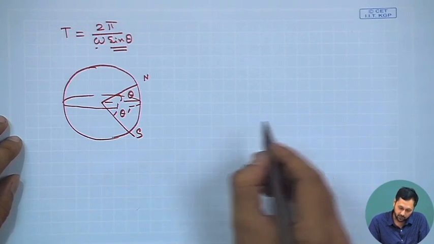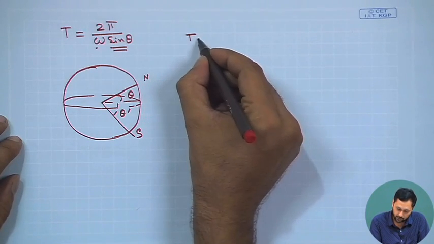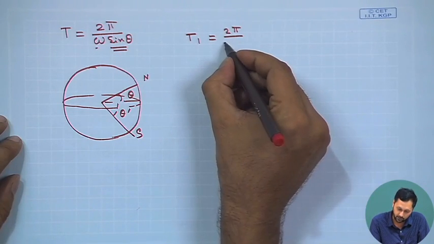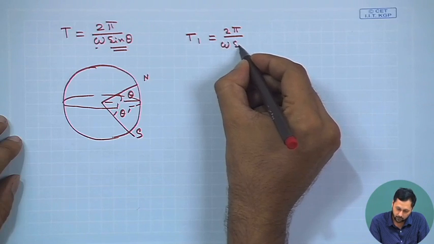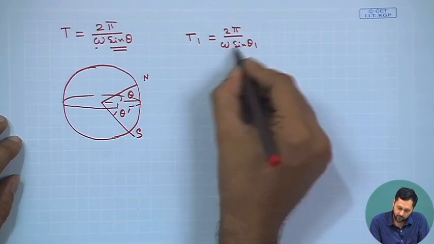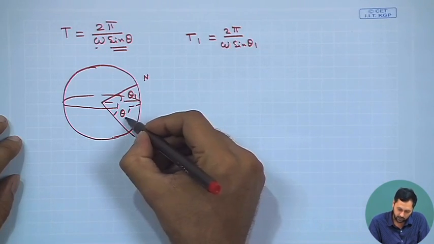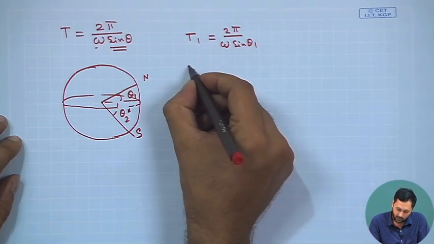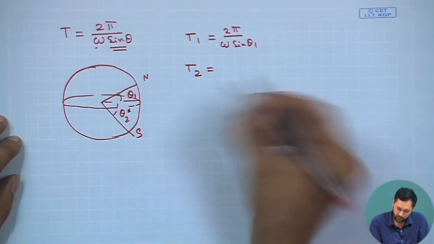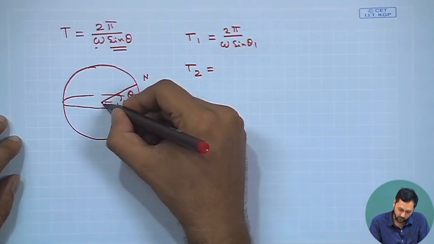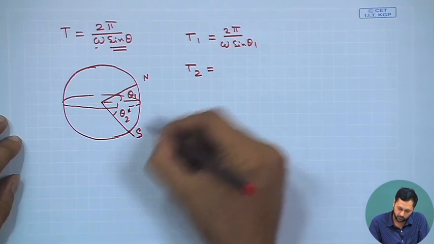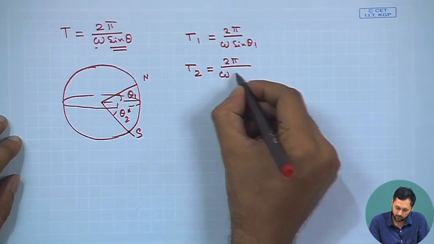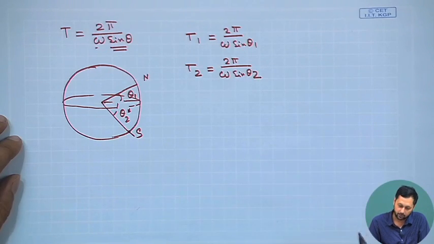Now, think of a situation where you have two time periods. T1 is measured at some location, let us say in the northern hemisphere, with latitude theta 1, T1 equals 2 pi by omega sin theta 1. And you have another value T2 which is measured at the southern hemisphere with theta 2.